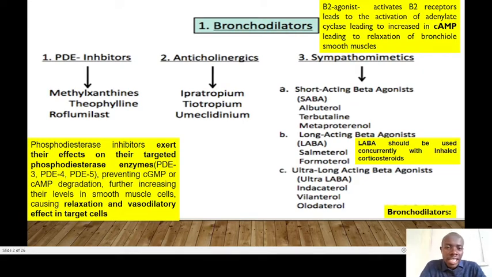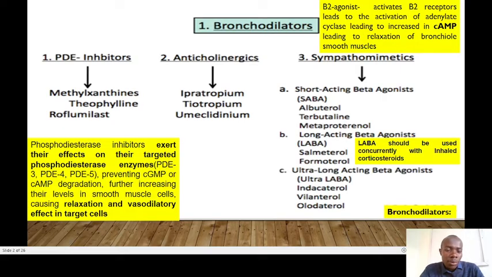So for the bronchodilators, they help in bronchodilation, so the airways are kept patent, so we can have exchange of gases in and out. So for the bronchodilators, we have a number of them. We could have the sympathomimetics.